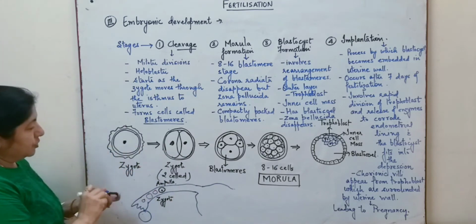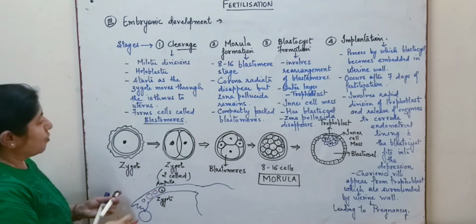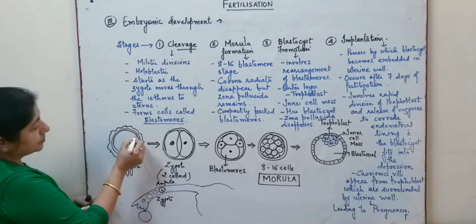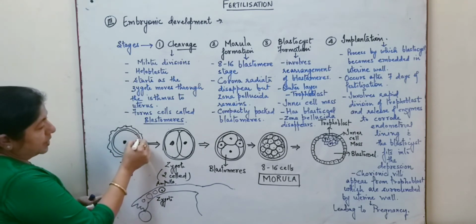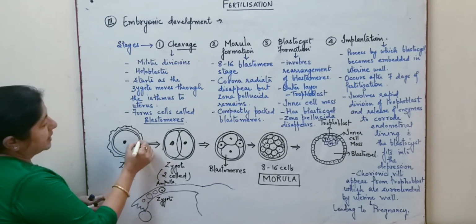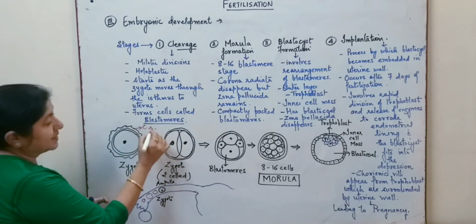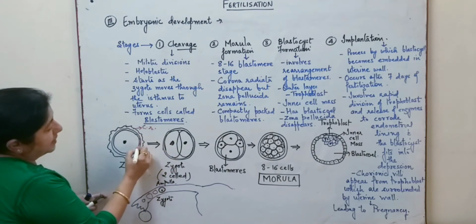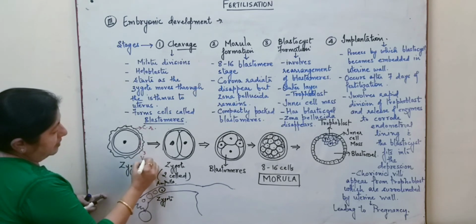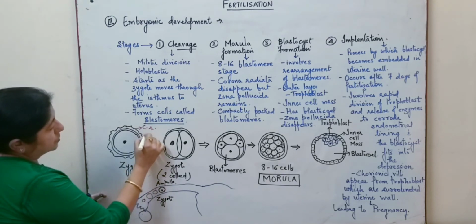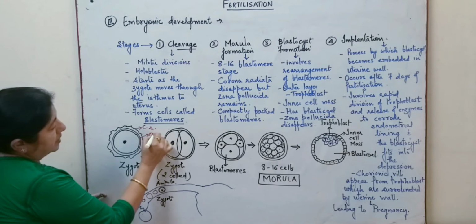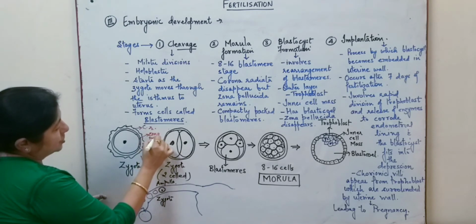So there is no problem relating to the division, and it results in the formation of a two-cell structure. Here you can also see that all the layers are intact: the zona pellucida, the corona radiata, and the vitelline membrane.